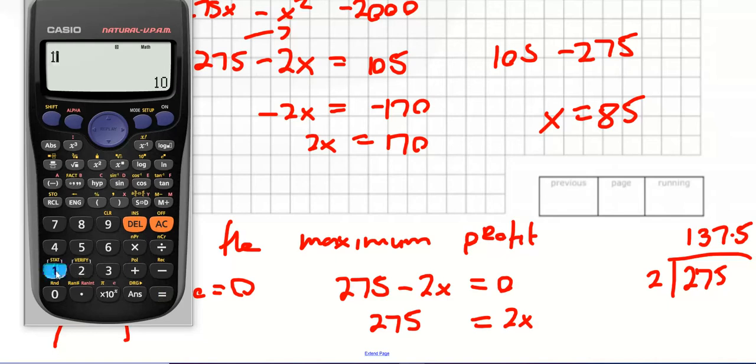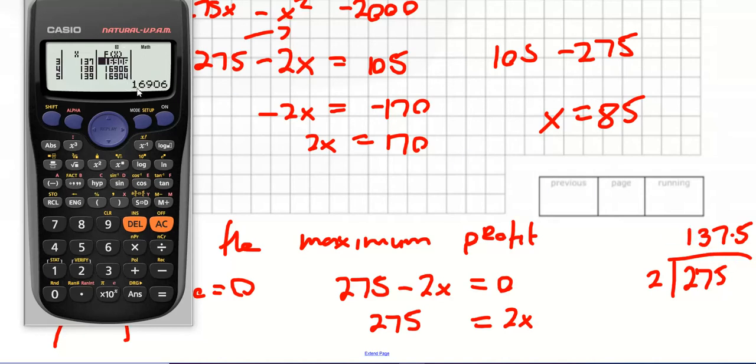Steps of 1. Look at this. The profit for 135 is 16,900. But you can see the profit is going up. And then in between 137 and 138, the value stays the same, and then it starts to go down again. So it was never 140. So we can see that it's actually halfway between 137 and 138 that would be the maximum, which is 137.5.